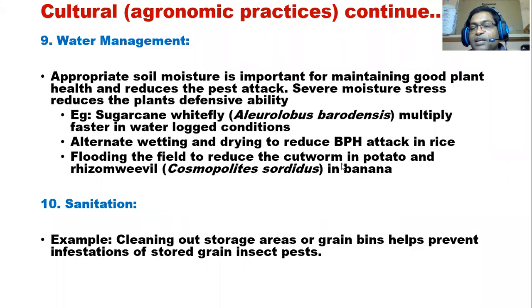In the potato field, if you flood the field, the cutworms will float. The birds can take them out, and when you drain the water, you can collect them. And alternate wetting and drying, this practice is commonly used if the brown planthopper (BPH) attack is high in rice.